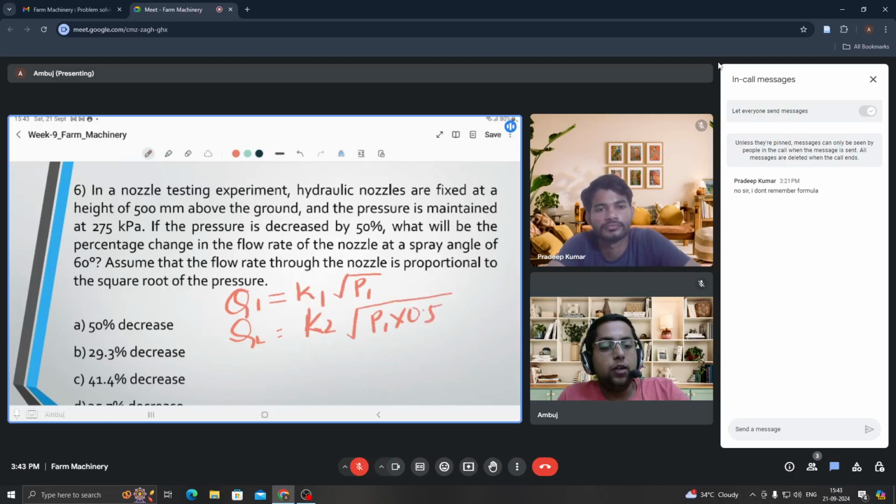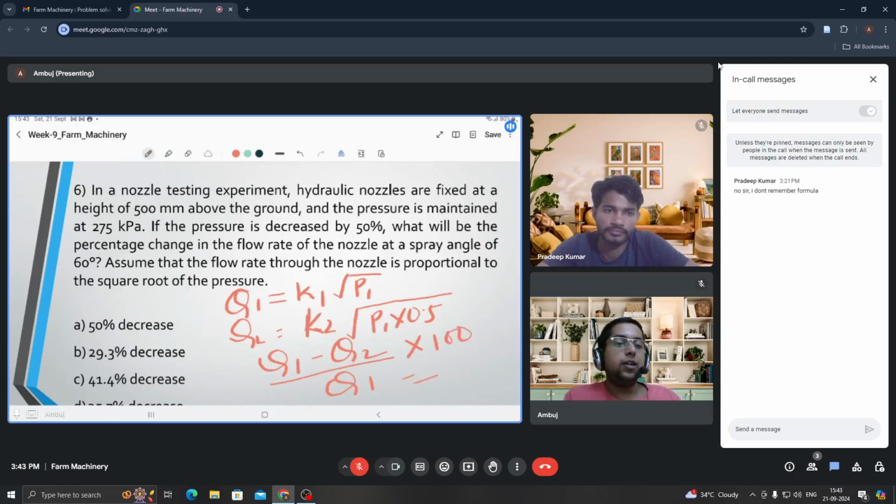Then you have to calculate (Q1 minus Q2) over Q1 times 100. That would be the percentage change. Try to calculate. Everything will get cancelled, and you would be left with an easy equation.